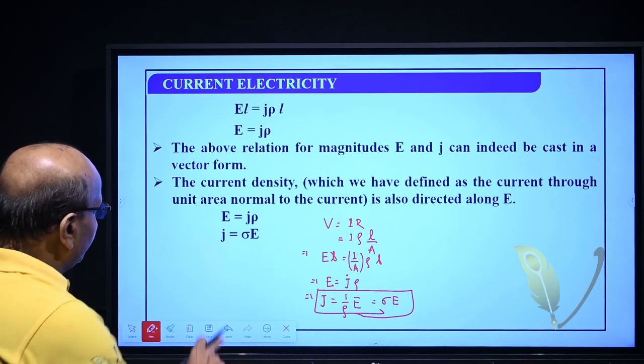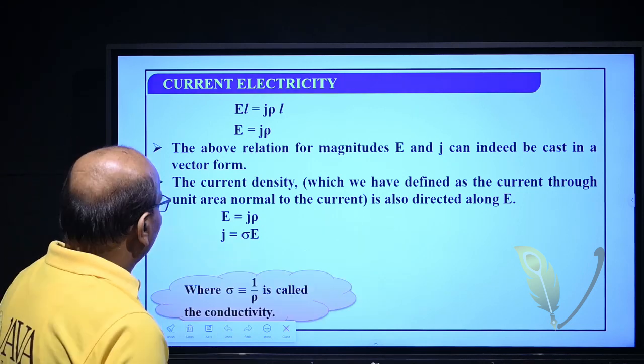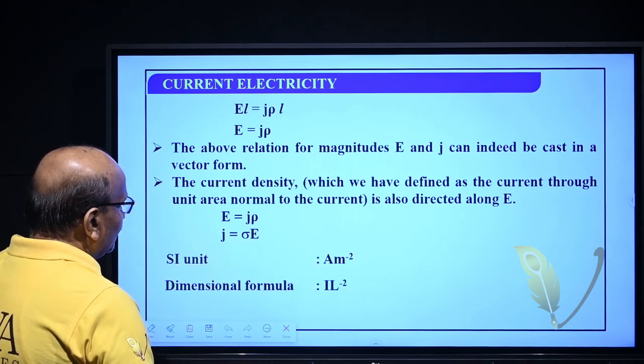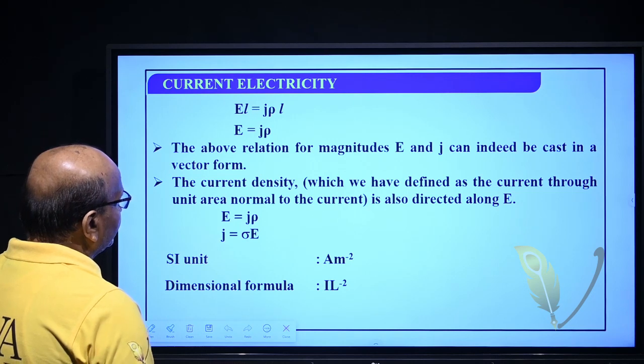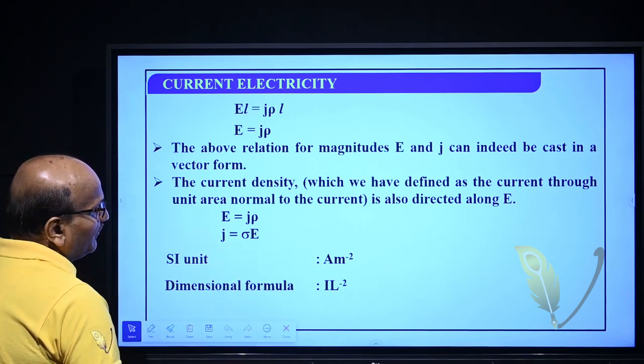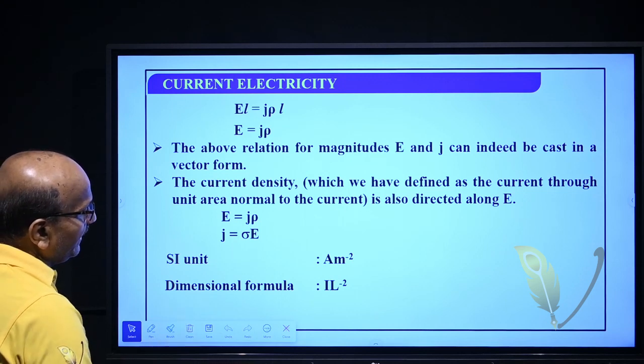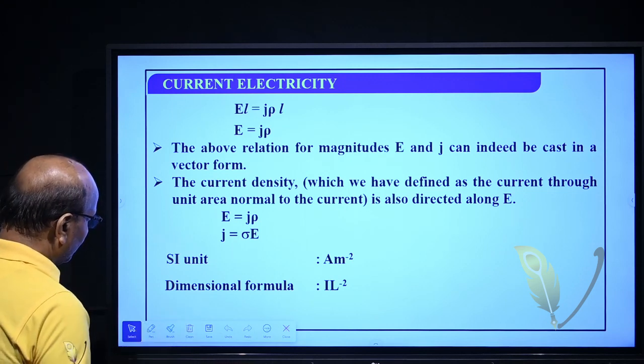The SI unit of current density is ampere per meter square, and the dimensional formula is A L to the power minus 2.